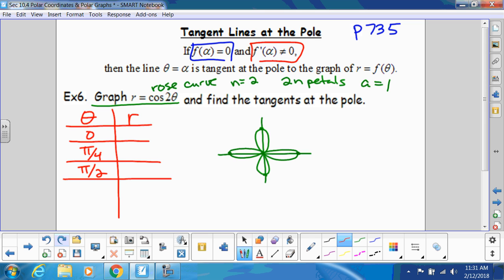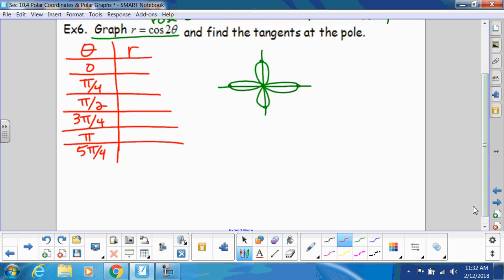Keep in mind though, on the AP, they might have you do some of these simple ones without a calculator. So it's important to know how to graph this without a calculator. It's important to know both, because if you have a graphing calculator, that'll save you some time, since this is a little time consuming.